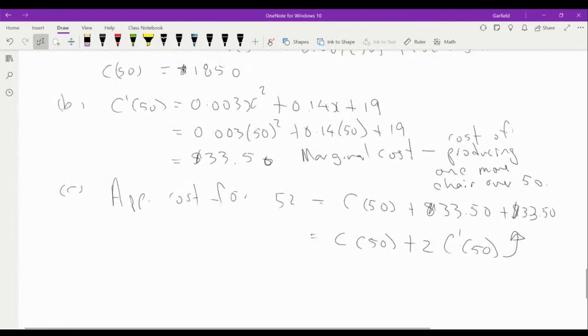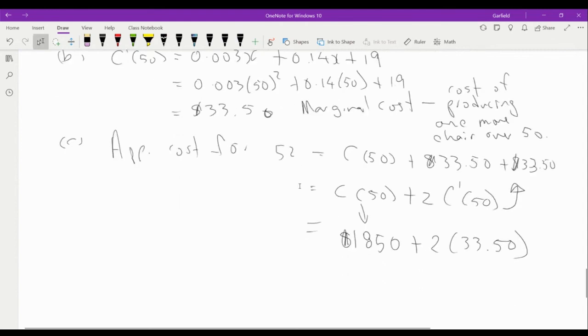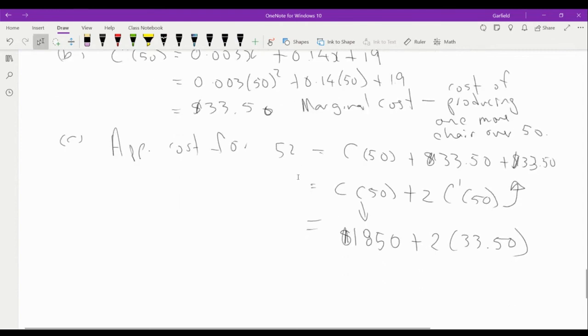And we already have this number as $1,850 plus 2 times 33.50. What do we get for that?